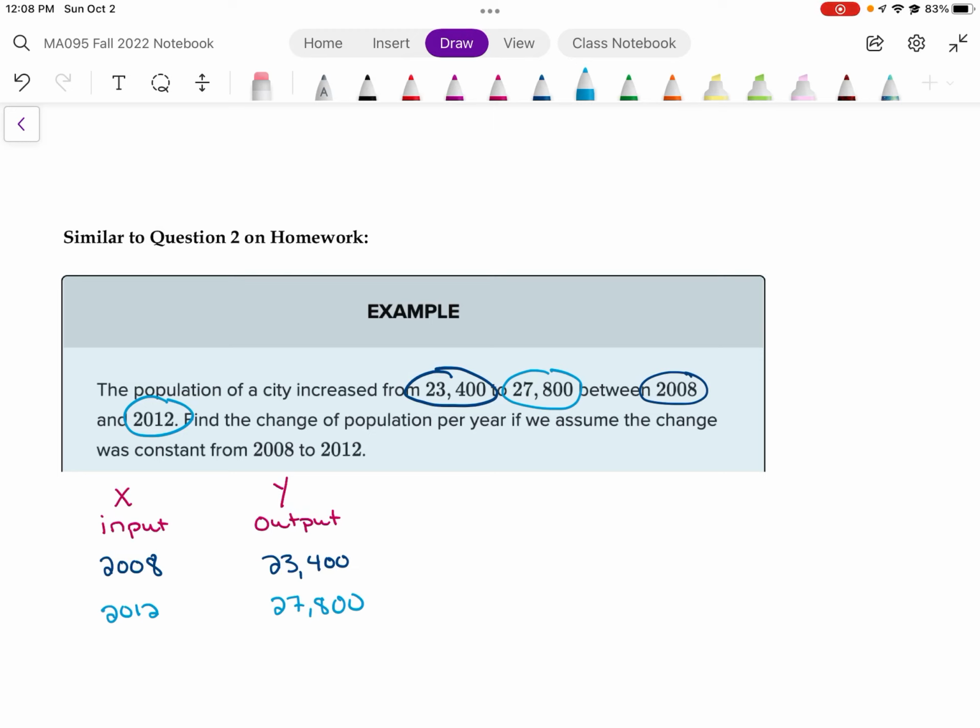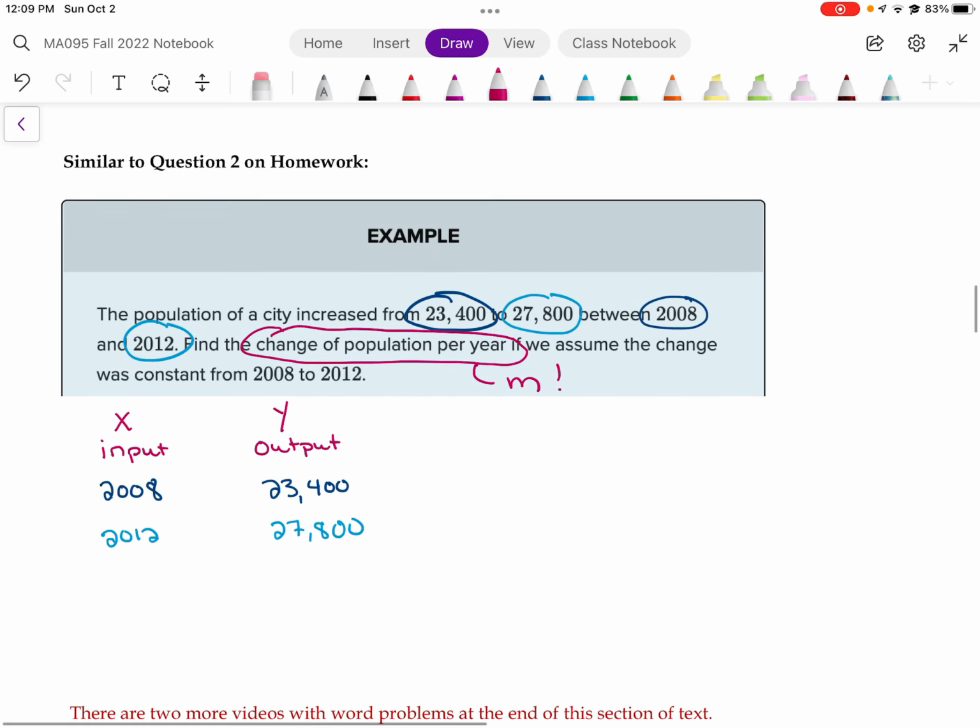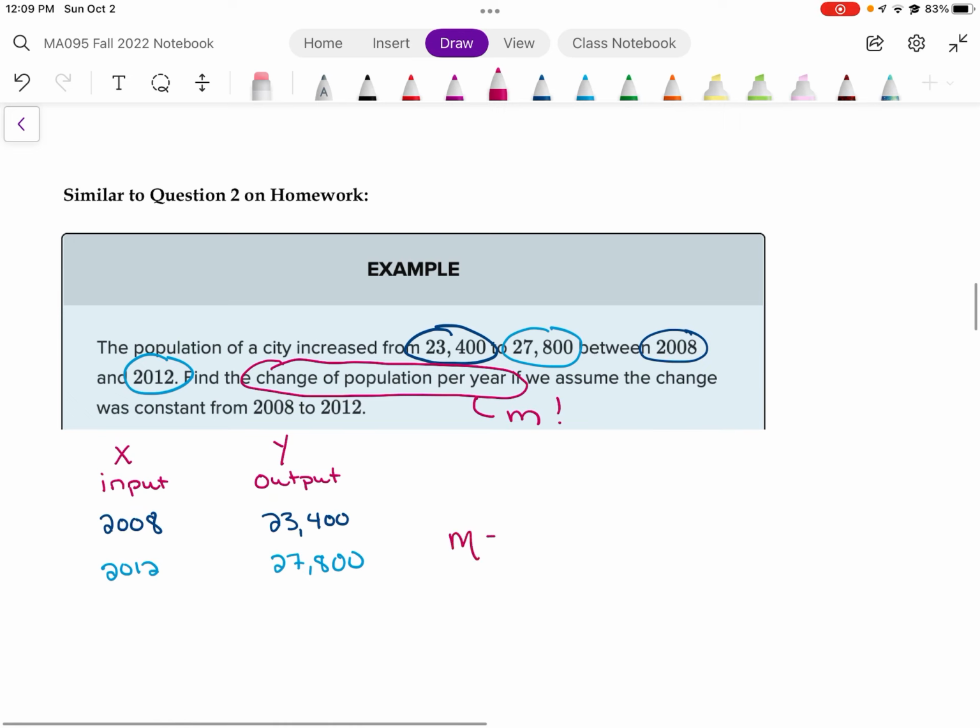So the change in population per year, this right here is what we're looking for. That is just m. So m is going to be y2 minus y1 over x2 minus x1. 27,800 is y2, and then we need y1, which is 23,400.